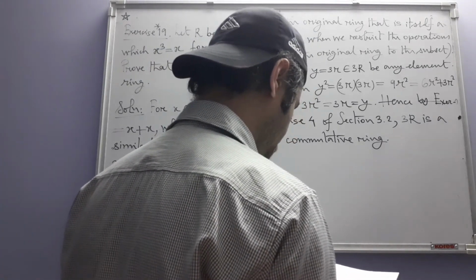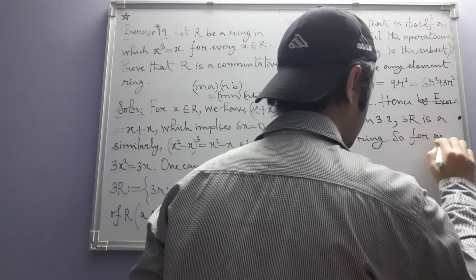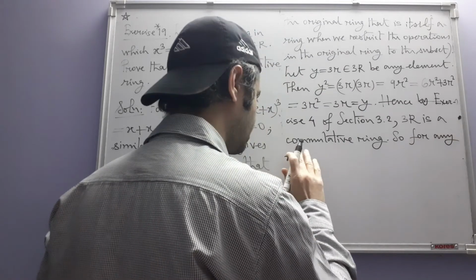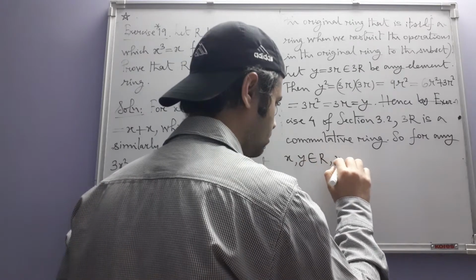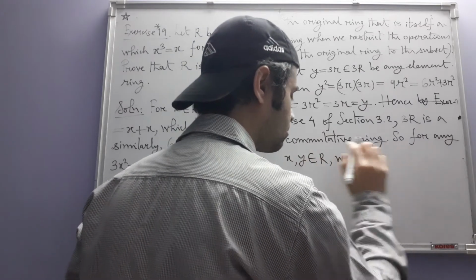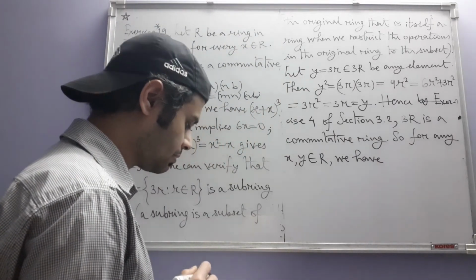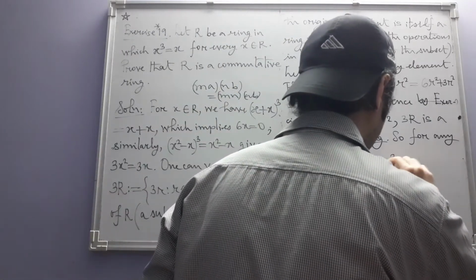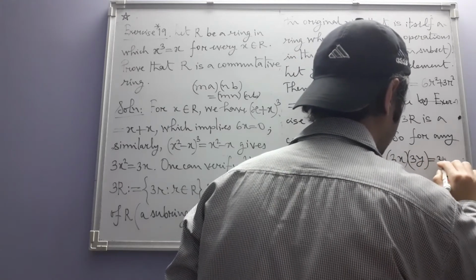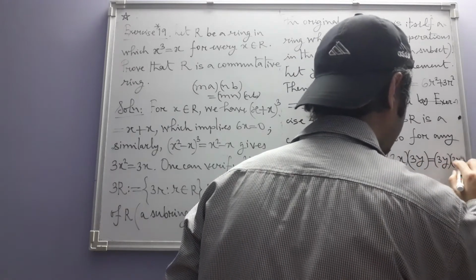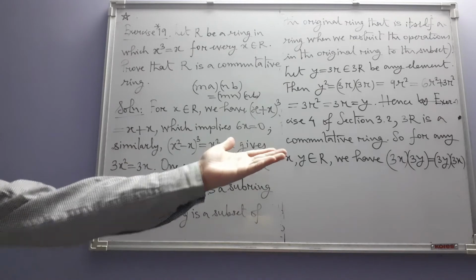Okay. So that means, for any x and y in R, we have, can I write it at once, or let me just write it in a few steps. 3x times 3y is equal to 3y times 3x, because 3x and 3y are two elements in 3R, and 3R is a commutative ring, so we can write that equation.